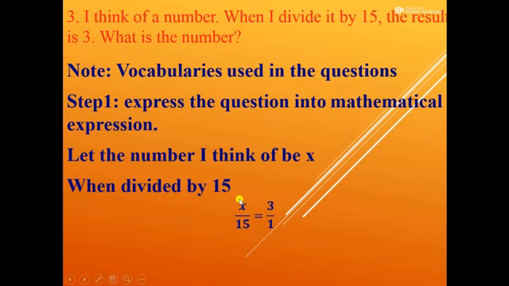So when I divide x by 15, the result is 3. Now we balance the 3 by 1 to balance what? The equation. So that each side will have a numerator and denominator.